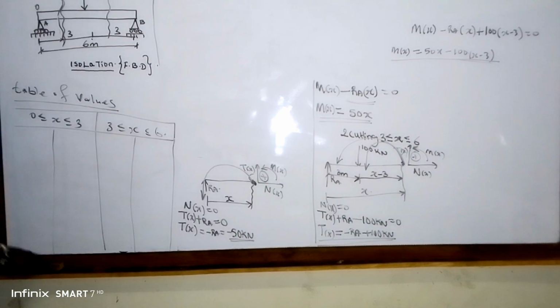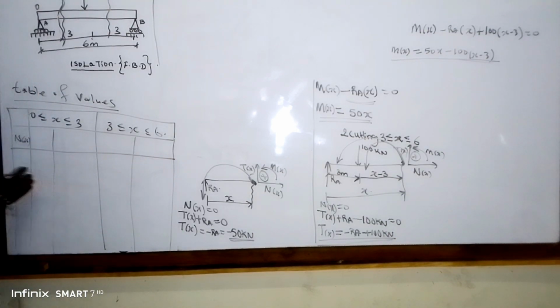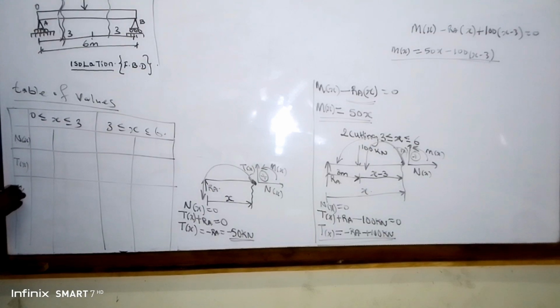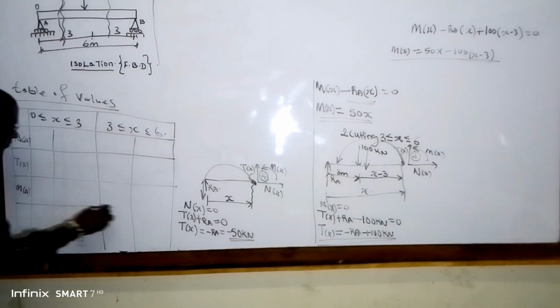Sorry guys, we are supposed to start with the N of x. The reason I'm doing it is that you should know N of x is included in the table of values. Then T of x and our M of x.